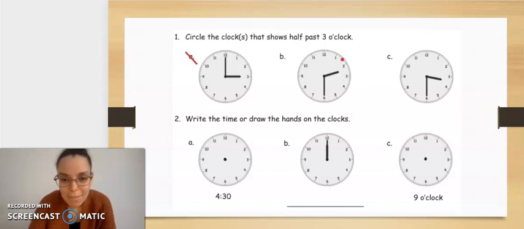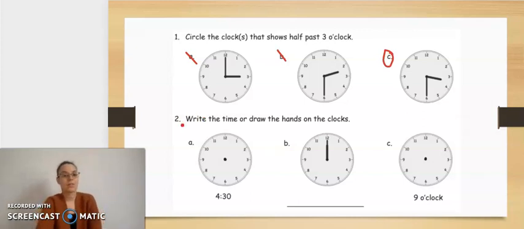Does this show 3:30? What time does it show? Yeah, 2:30. We're looking for 3:30. Is this halfway past 3, between the 3 and the 4? And does it show that it's halfway past the hour, which is on the 6 for 30? 3:30? Yup.